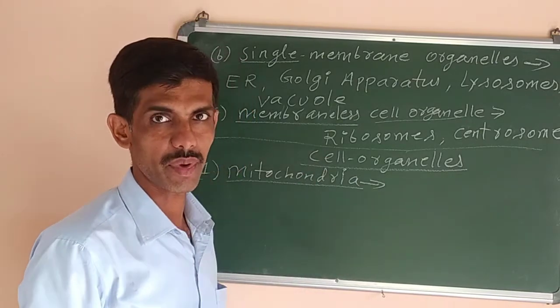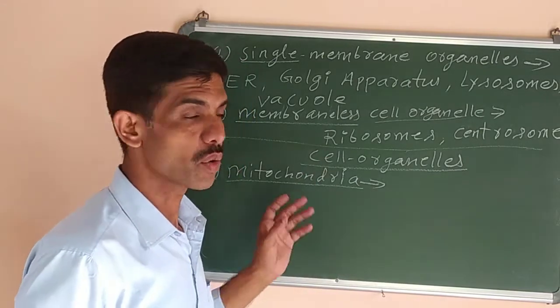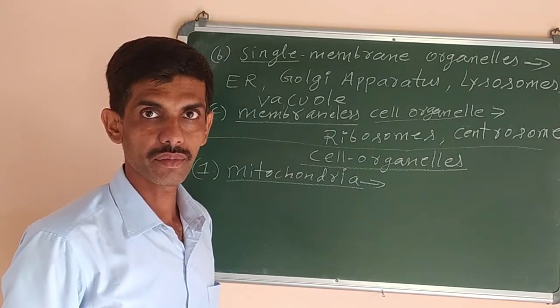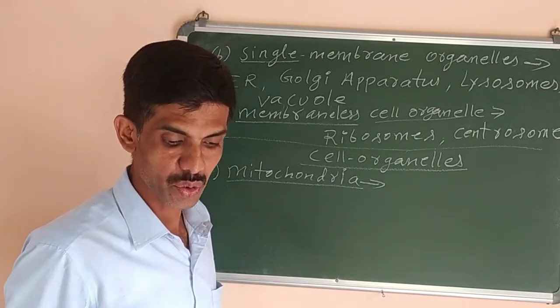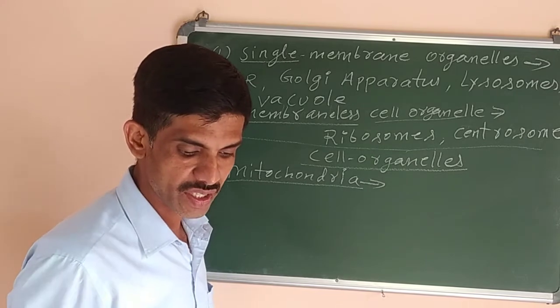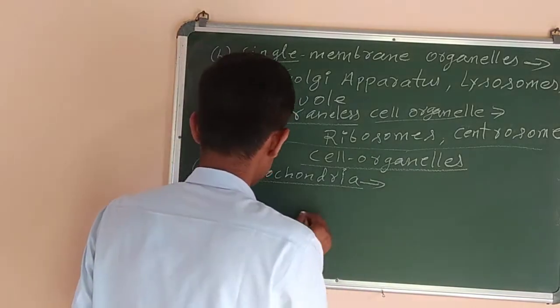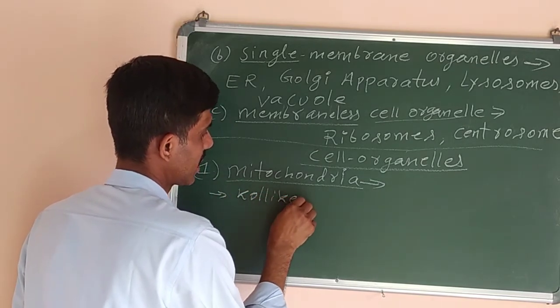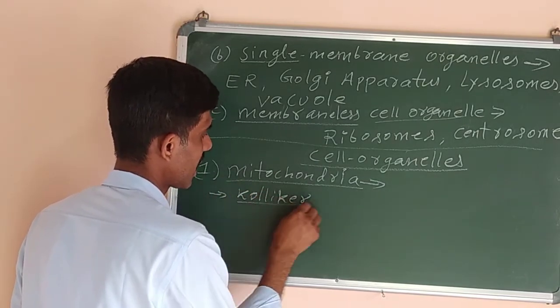So let's start from the very beginning, from the discovery. Who discovered this cell organelle? It was discovered by a scientist called Kolliker. So first point I will write Kolliker. Spelling you can check, K-O-L-L-I-K-E-R.